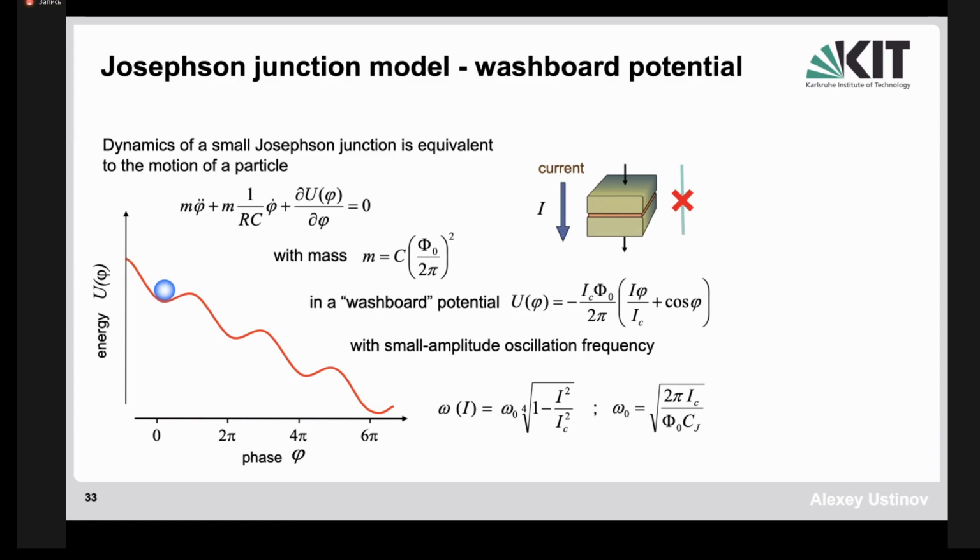However, if I apply a current on the junction, what I'm doing, I'm tilting the potential. So I'm doing simply work, and the potential then, which is written here, already includes the cosine and the tilt, which comes from the current. This potential is also the same for the pendulum. Remember, if I write the equation for the pendulum, then at zero torque, this state has the same energy as this state.